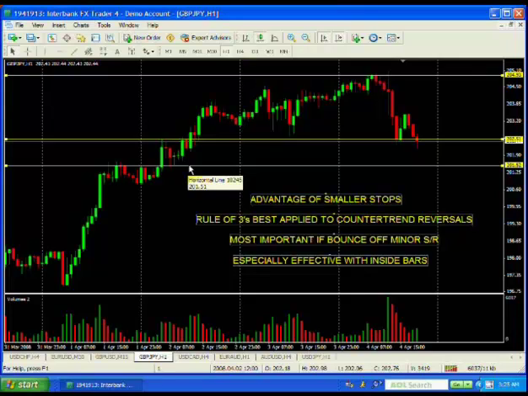It's minor support because once we break above a resistance level, it becomes support, because it is a prior top. That support will be considered minor support.